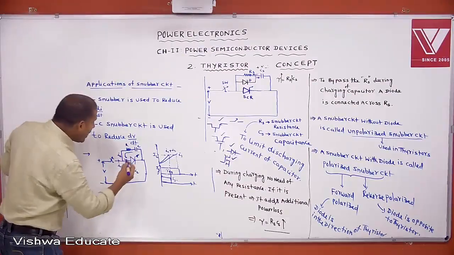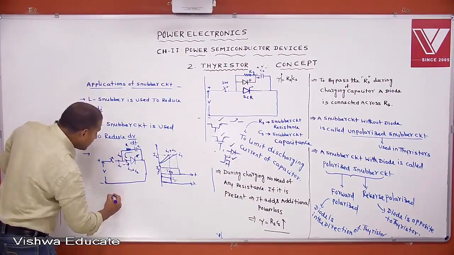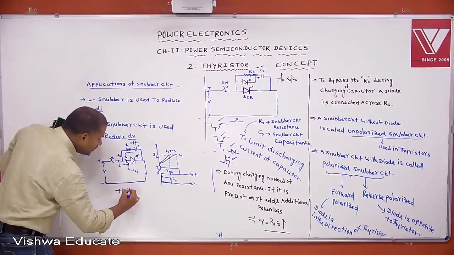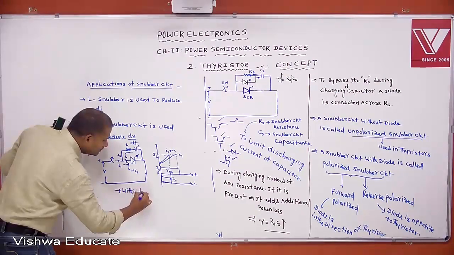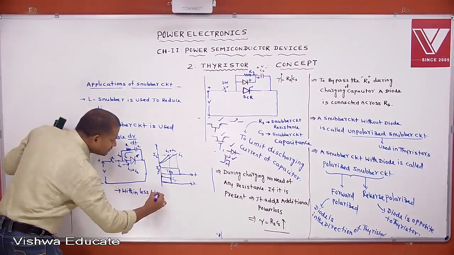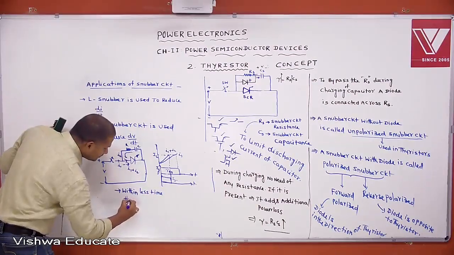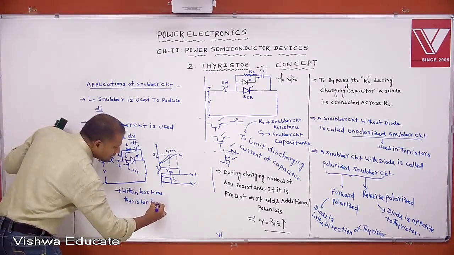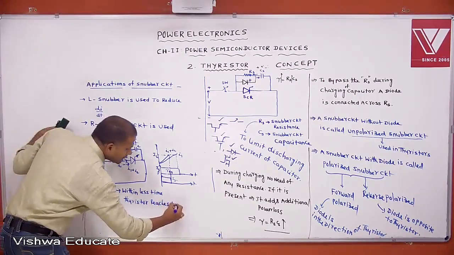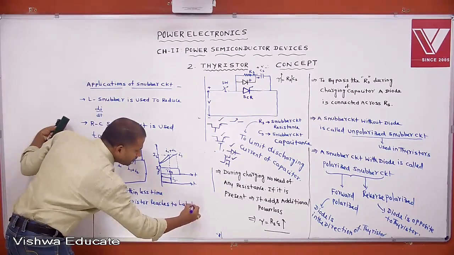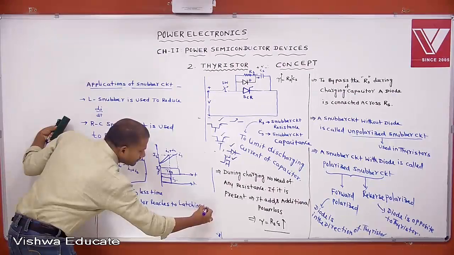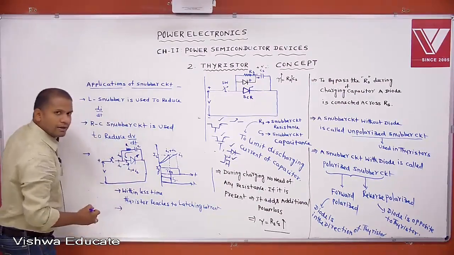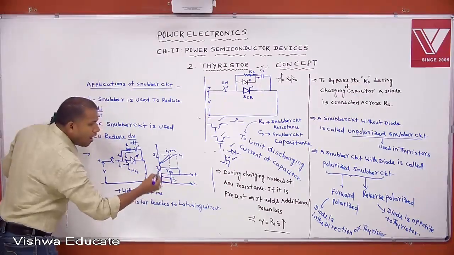That means because of this RC snubber circuit, within less time the thyristor reaches the latching current.